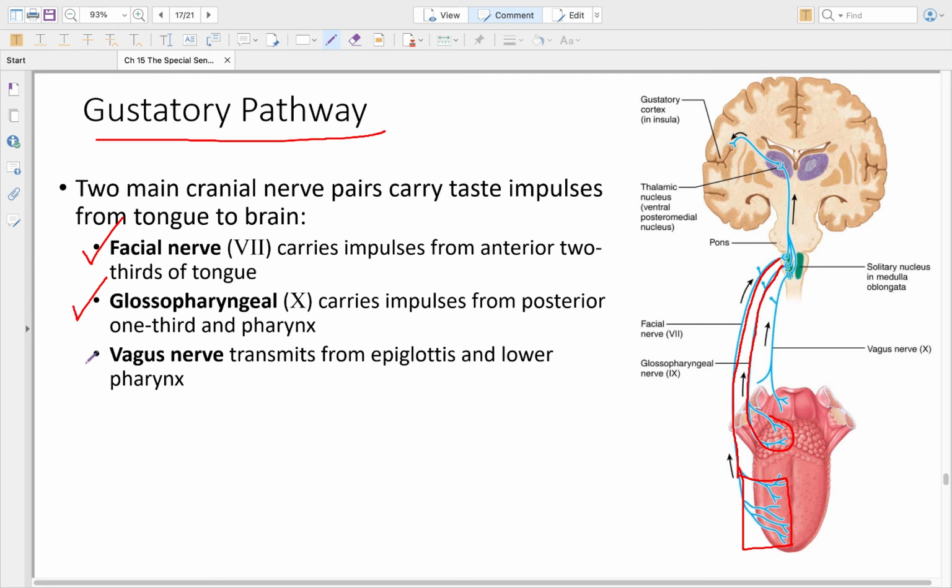And then we do have the vagus nerve, which is connected to the epiglottis and the lower pharynx and connects to the brain, but they all connect to the brain, and the brain is responsible for interpreting that information.